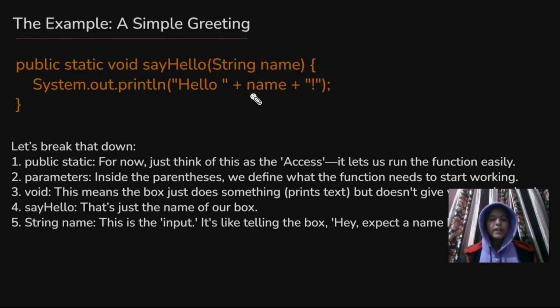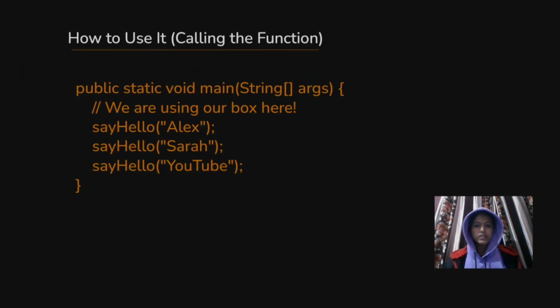Now we call the function in the main function. How do we use it? In the main function we simply write the function name and pass the parameter, because it is necessary, since we initialized the parameter in the function.